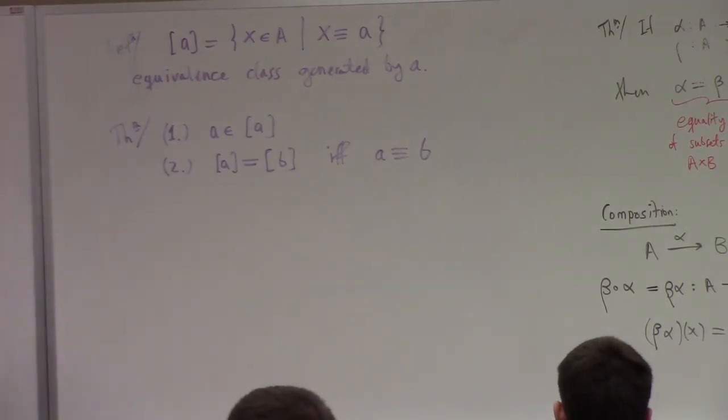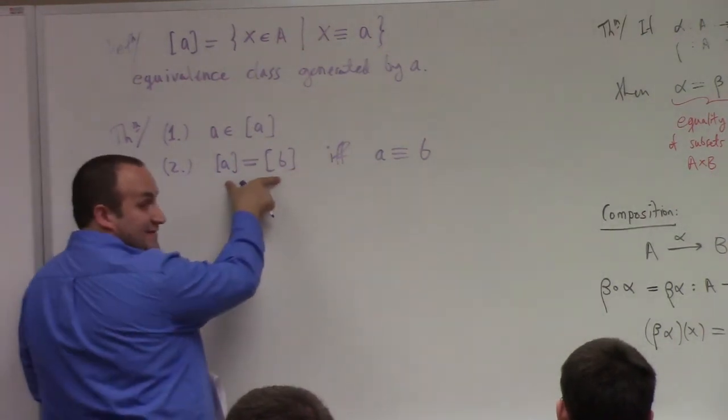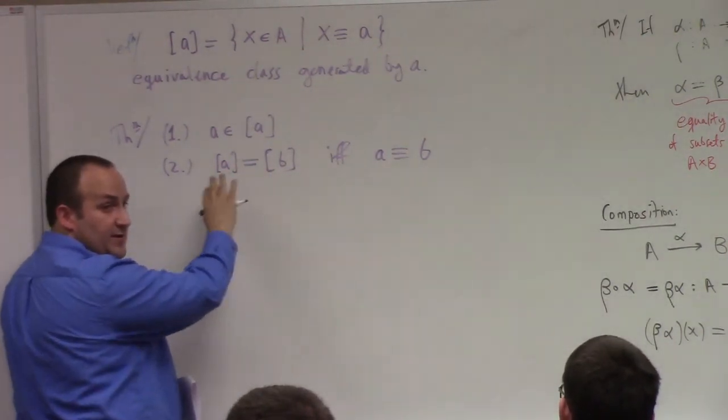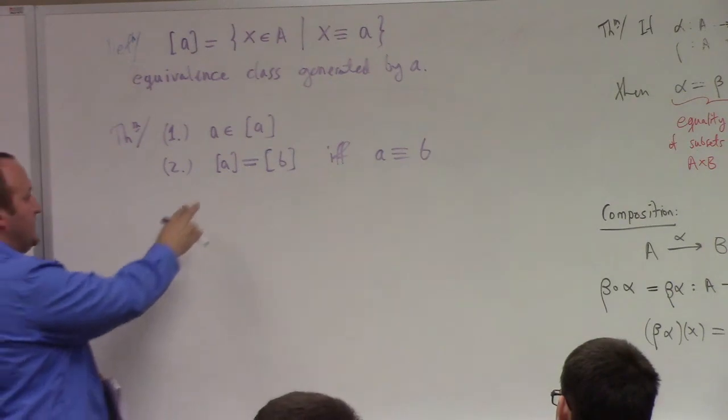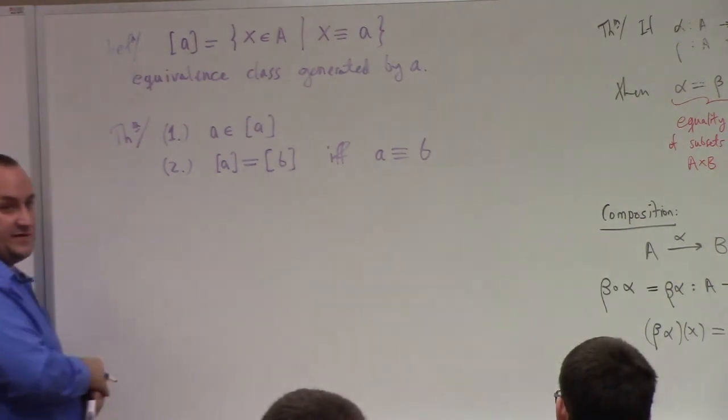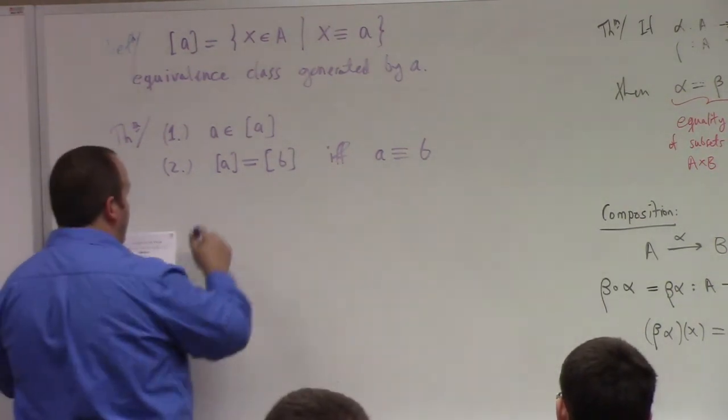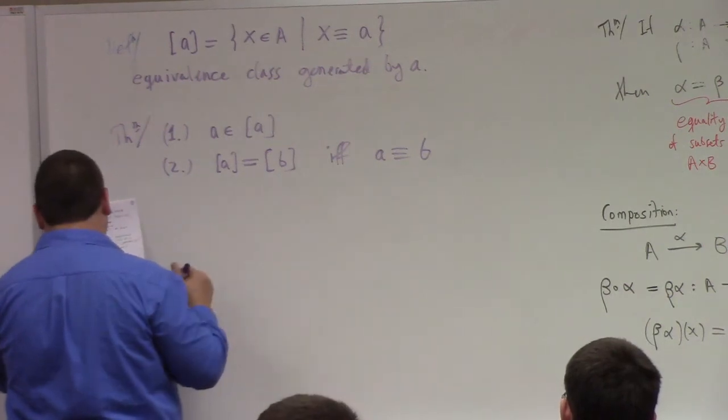So you can prove that. This is equality of sets, right? So you have to prove double containment. That's the content of the proof here. You suppose you got an element of this one and you show it's in there and vice versa. That involves the symmetry as well as number one.